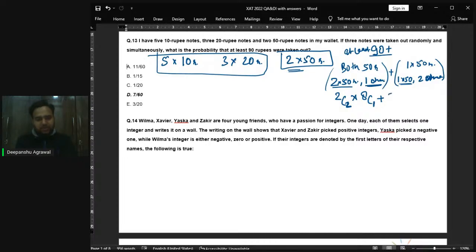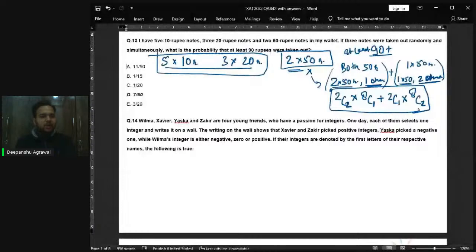So we should do 2C1 into, we have to select two other notes out of the available 8 notes, right? Not the leftover note of 50. We don't have to select the leftover note of 50 because that has been covered in the first case. So out of these 8 remaining notes, we have to select 2.